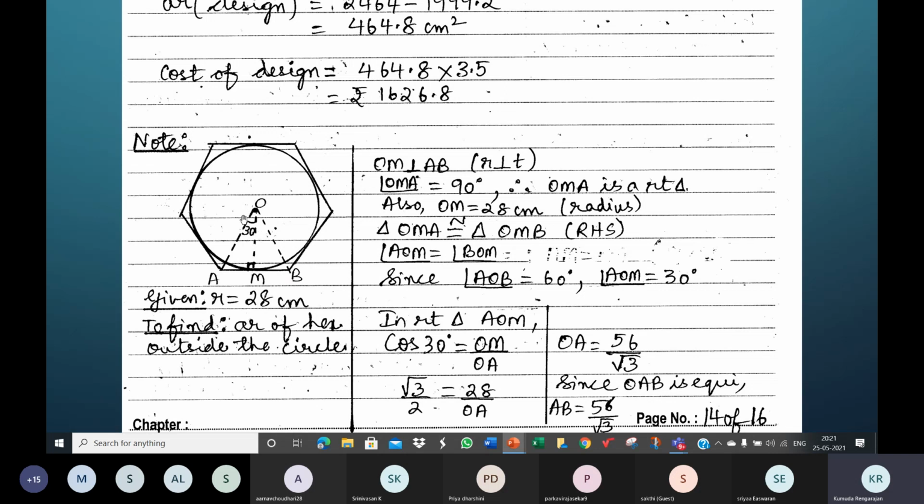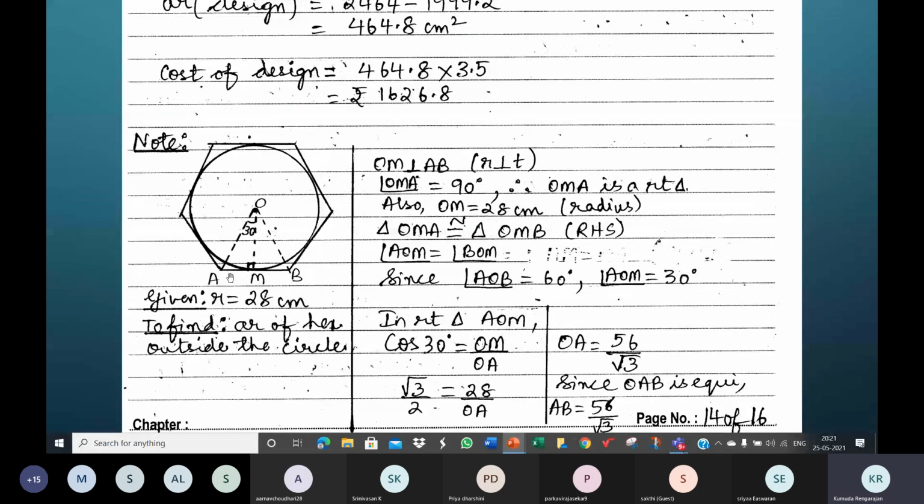Since it's equilateral, this angle is 60 degrees, so half of it is 30 here. These two are congruent triangles. This is the equilateral triangle AOB. This is one of the 6 triangles that are formed in a regular hexagon. See, our intention is to find the side of the hexagon, and we're using trigonometry.